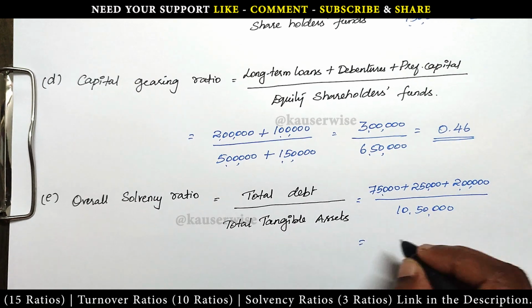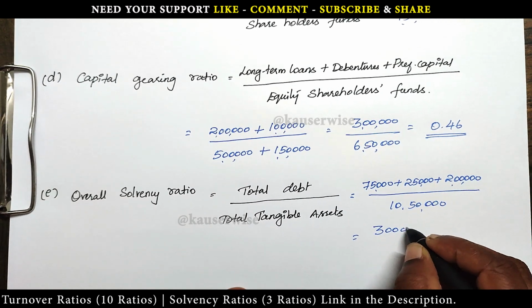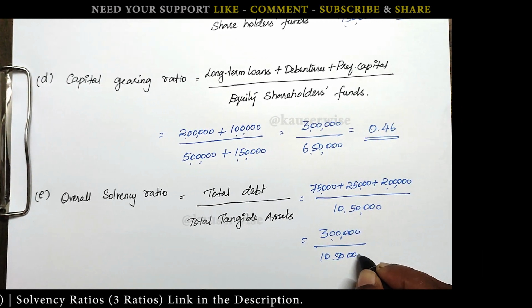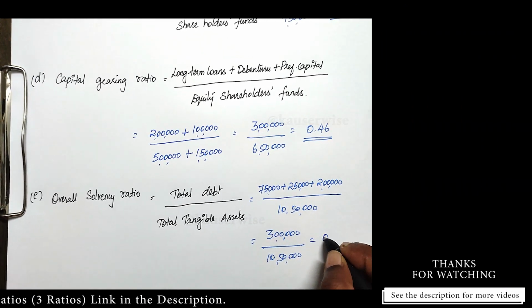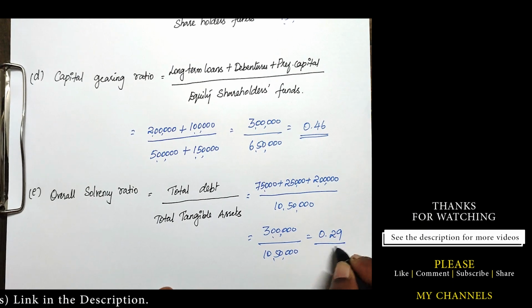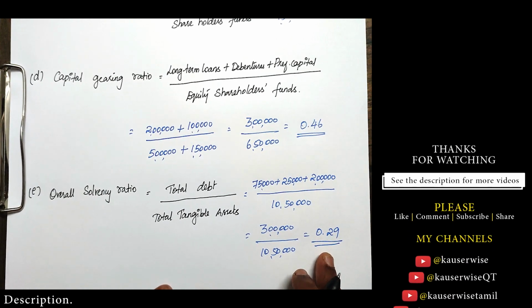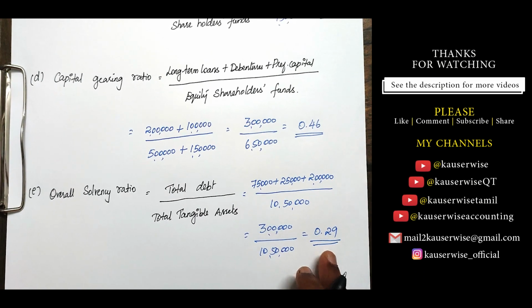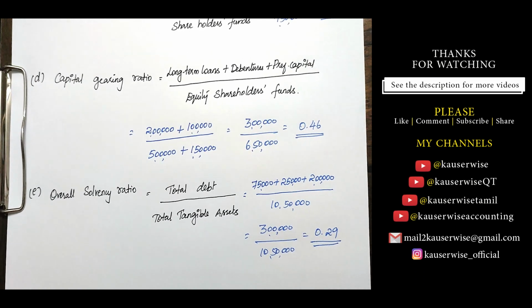So what is the answer? 3 lakh divided by 10 lakh 50,000. You will be getting 0.29. So this is the overall solvency ratio. So this is the way to calculate long-term solvency ratios as well as overall solvency ratio.